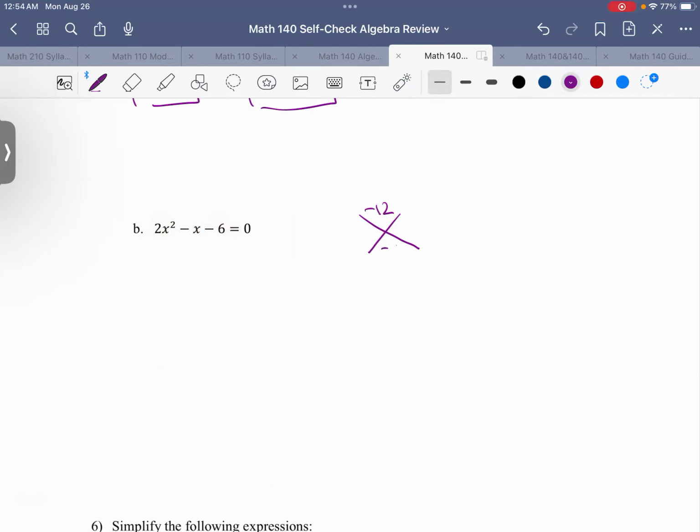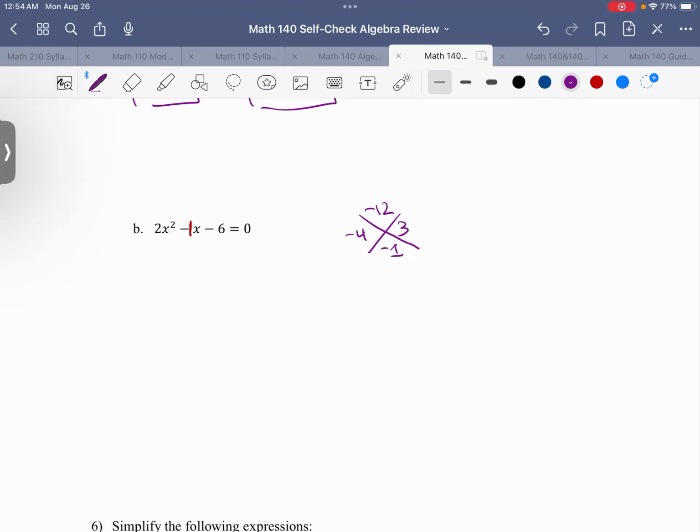I know it's a negative x, but imagine there's an invisible 1 right there. So I want to find two numbers that multiply to -12 and add up to -1. Well, that would be -4 and 3.